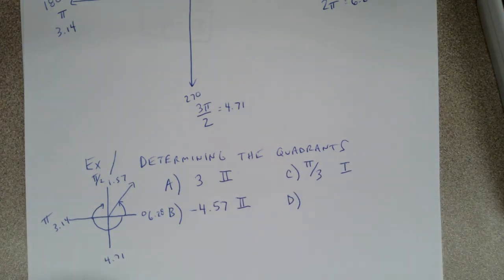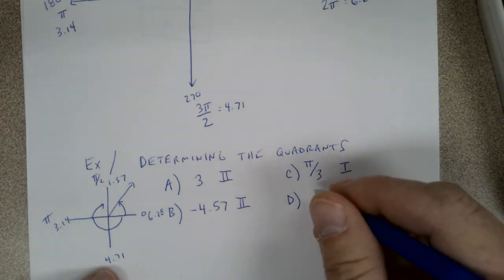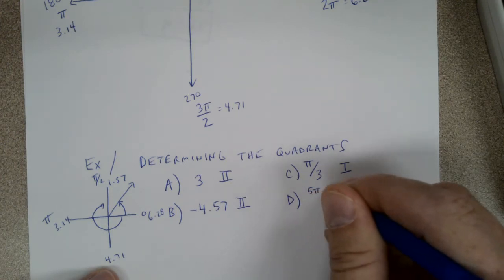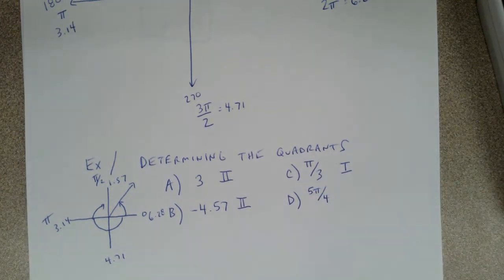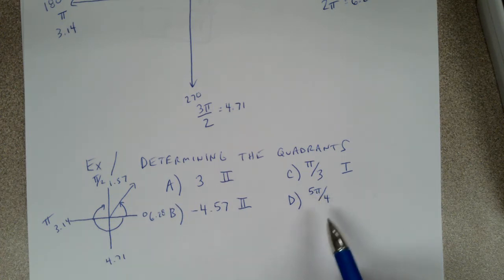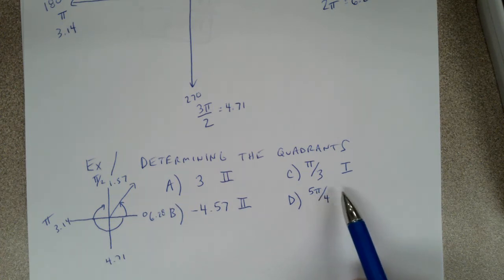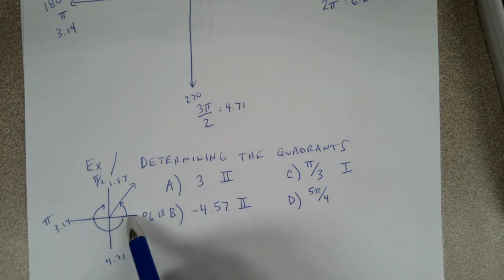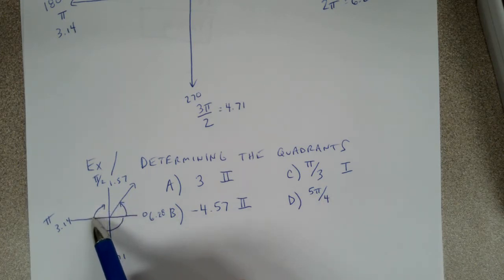Let's do another one. How about 5 pi fourths? So one thing you might think about on this one, 5 pi fourths, well, we know it's basically pi and 1/4. Well, pi is going to get me all the way to here.